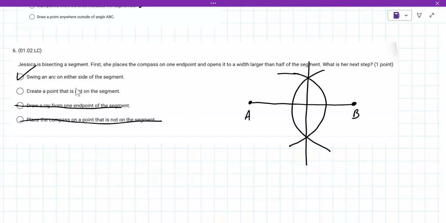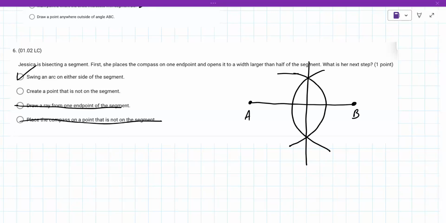Alright, I'm putting the next one in the chat right now. Right, there it is.